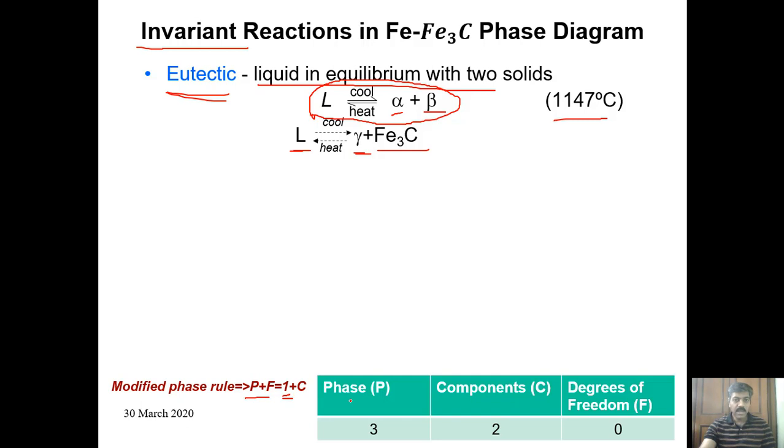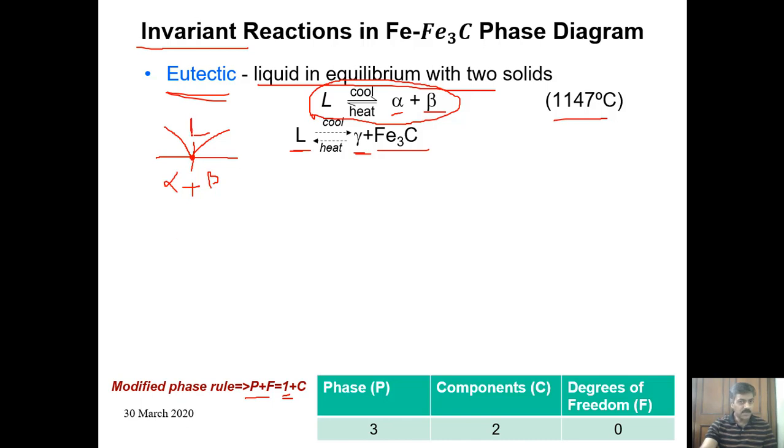Now at the eutectic system, if you remember, the eutectic system is like this, where this was the liquid, and maybe in this region alpha plus beta will be formed if you cool from this position, right? So here you see how many phases are in equilibrium.